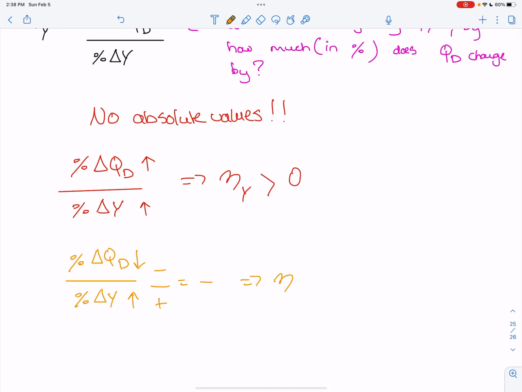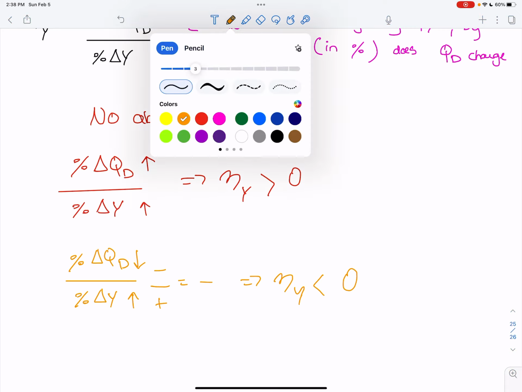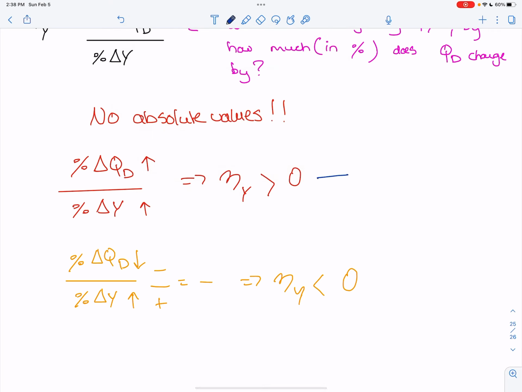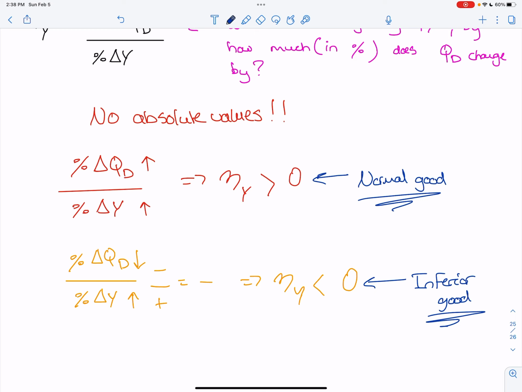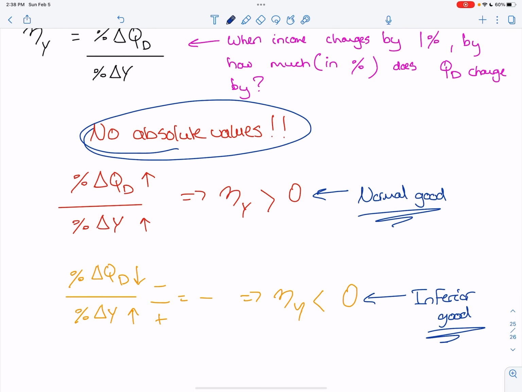So this would result in your elasticity being negative. Now, these are actually important differences, right? Because in this case, you'd be dealing with a normal good, and in this case, you'd be dealing with an inferior good. Now, like I said, we're going to go into more details about these two things later on, but right now, suffice it to say that no absolute values here is an important rule because you actually care about the sign, okay?